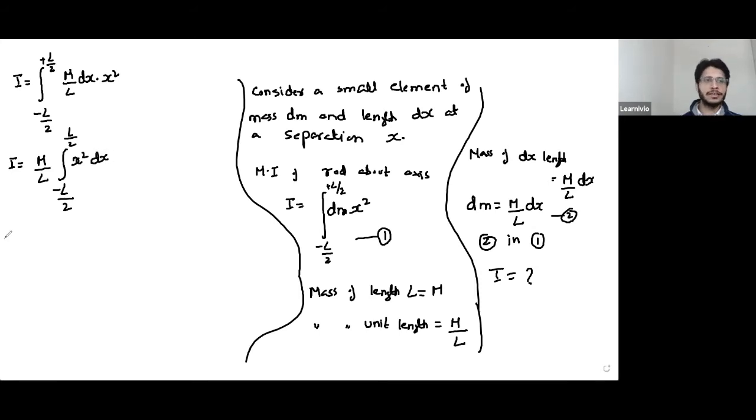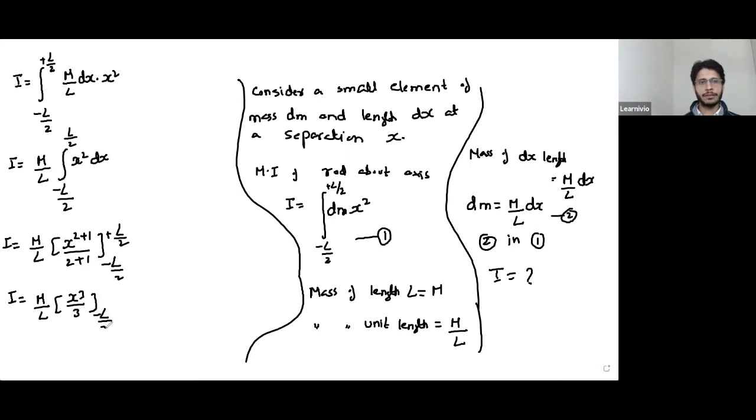Now you can integrate it easily, right? This is m by L. If I integrate x square, it comes out to be x to the power 2 plus 1 over 2 plus 1. Further, this is m by L times x cube over 3, with limits minus L by 2 to plus L by 2.